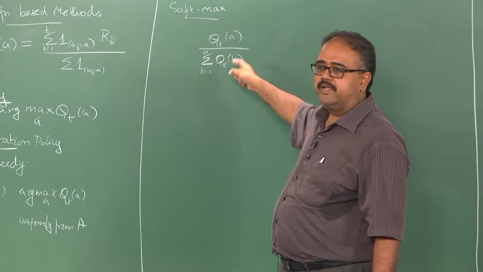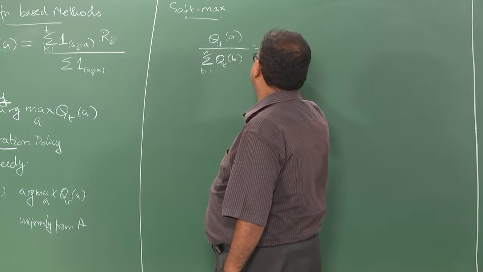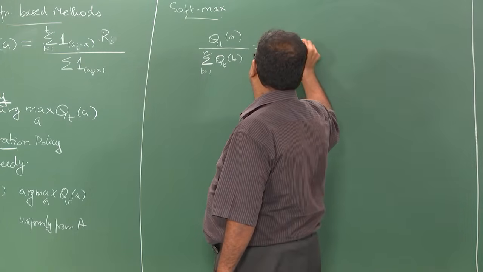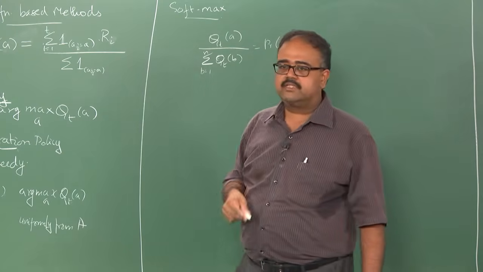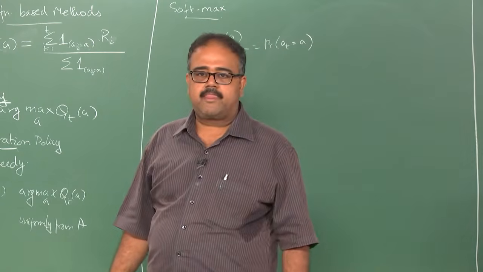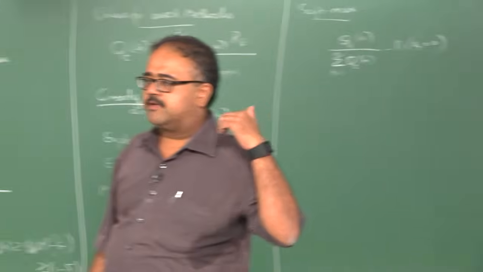So this should be the probability with which at the Tth step I will pick action A, right. That should be the probability.